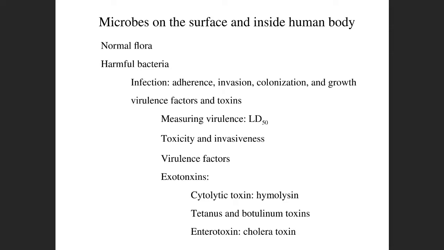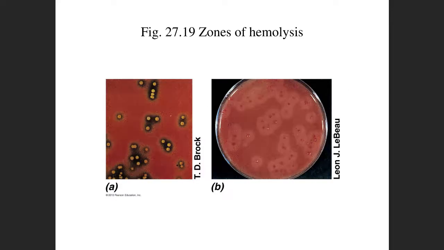And then you have tetanus and botulinum toxin. And then I will talk about the enterotoxin. Enterotoxin is the toxin produced by enterobacteria. Specifically, it's cholera toxin. So we're going to talk about that.